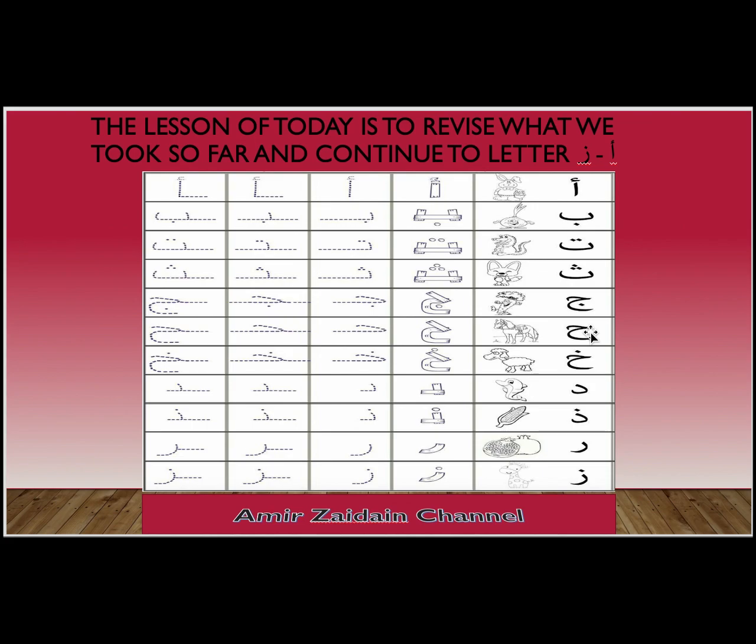It has to come from the throat. You have to say it quite deep from the throat. Kha, after it, has to come from the upper mouth. You have to repeat the Kha.